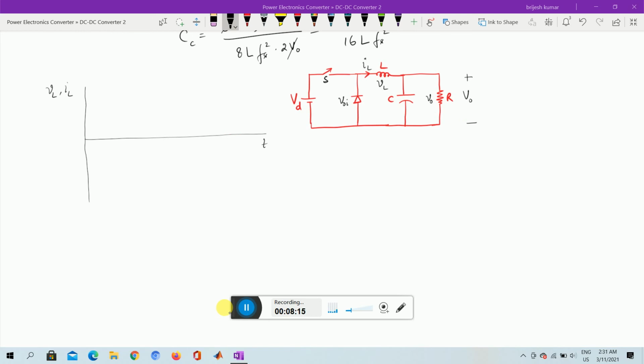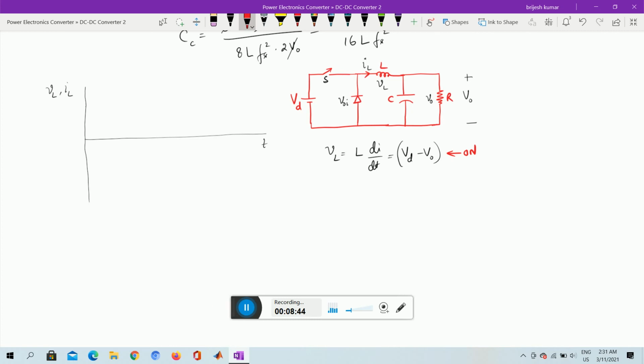So with reference to this circuit, we can write here that VL is equal to L di by dt, where VL is equal to VD minus V0. And here we can also draw, let us say during the on time, this is the time when the switch is on.